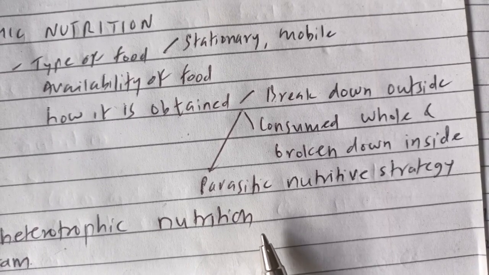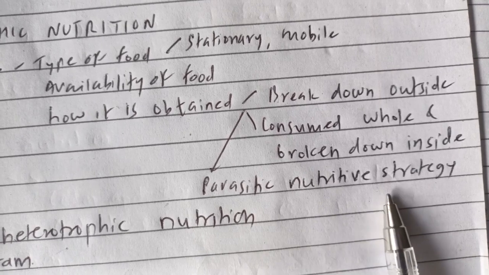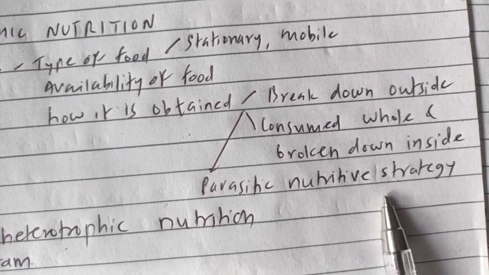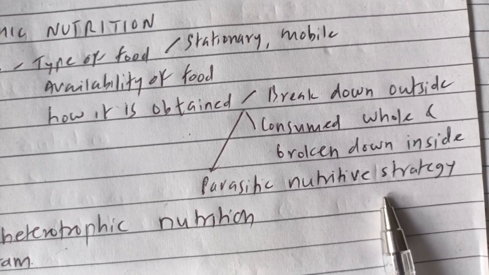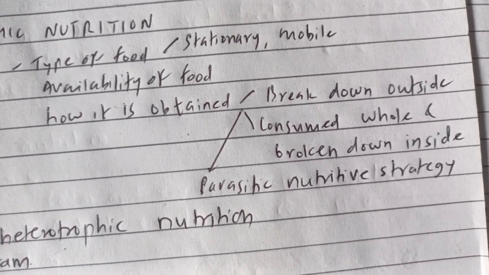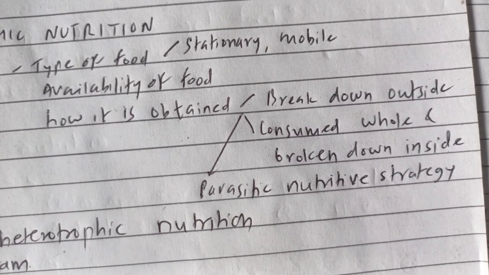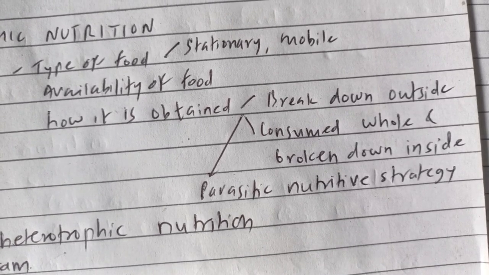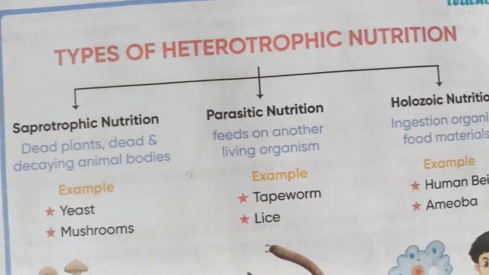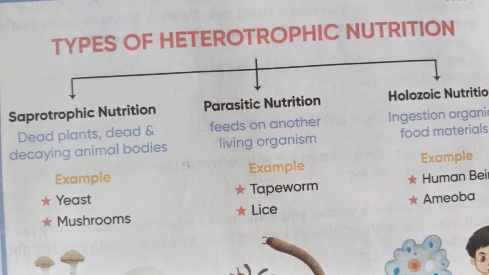That means they rely on plants or animals without actually killing them. This parasitic nutritive strategy is used by various organisms. So let's discuss three types of heterotrophic nutrition strategies briefly. You don't need to know them in great detail, but let's have a brief introduction.